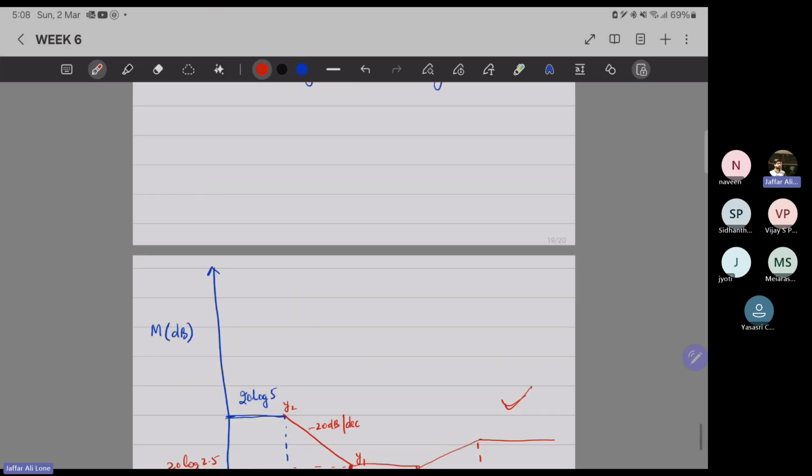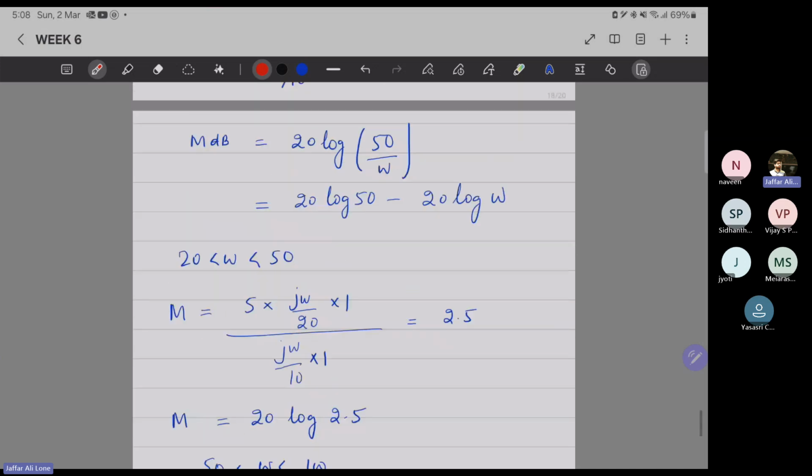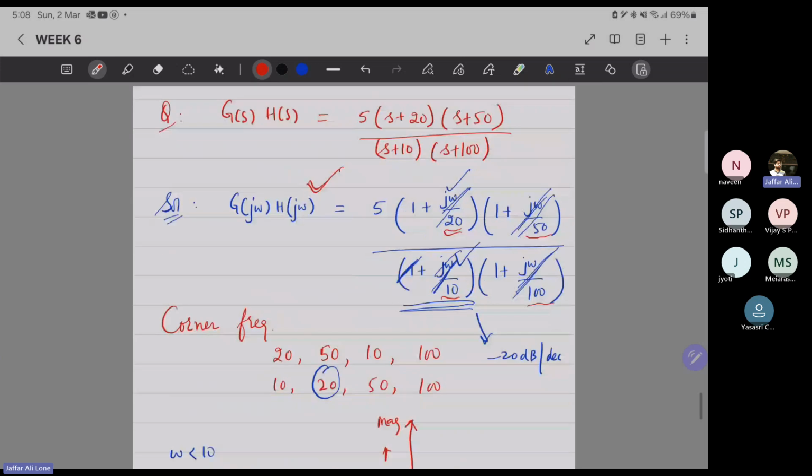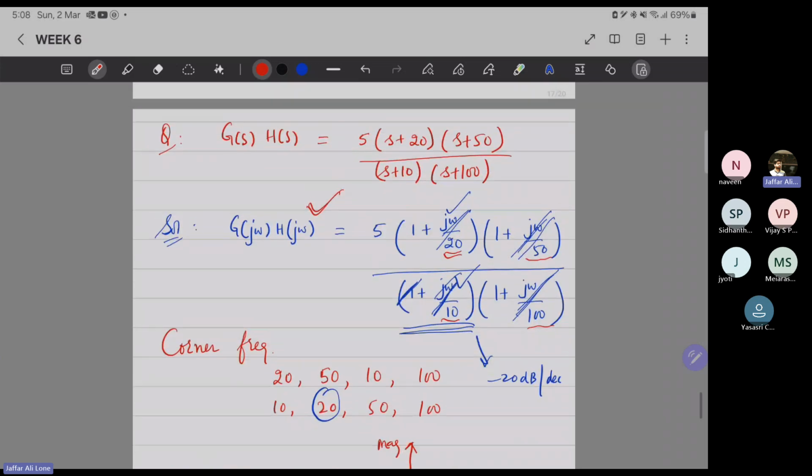And you should know whenever you are putting in the values, for example, here, when I'm putting the value of 10 and before 10, when this omega is less than 10, you need to ignore all j omega terms and only consider this one term. But whenever you are putting in, for example, 20, you will consider all those j omega terms which are less than or equal to 20.